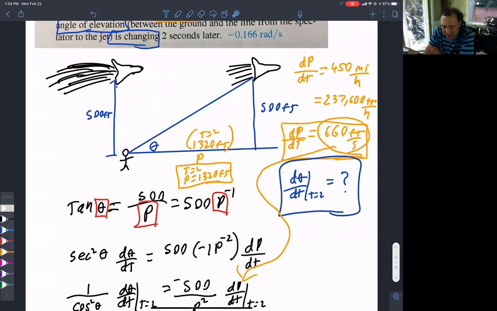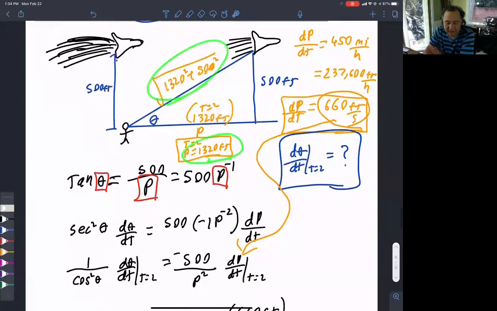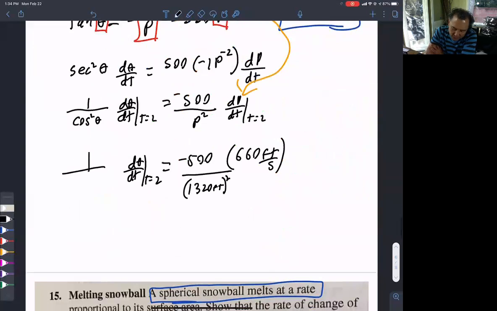Yeah, using Pythagorean theorem. So the hypotenuse is the square root of 1320 squared plus 500 squared. And so the cosine will be 1320 over that. Woo, a lot of work. 1320 over the square root of 1320 squared plus 500 squared.